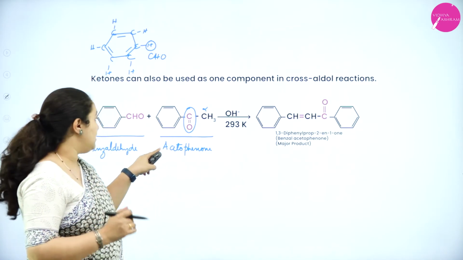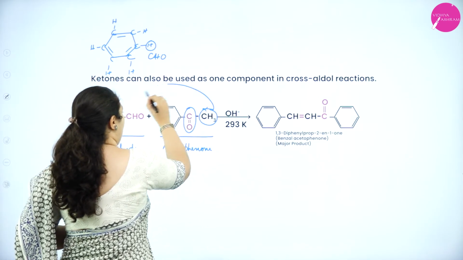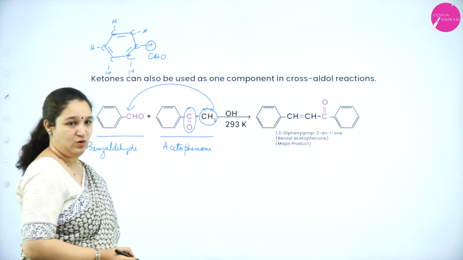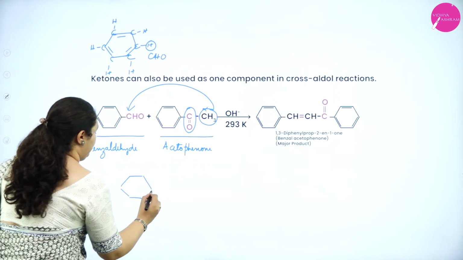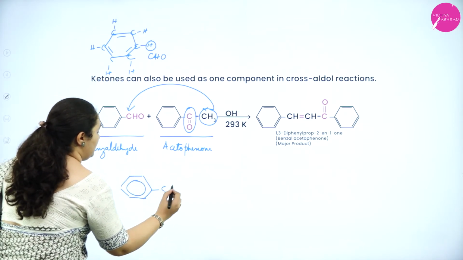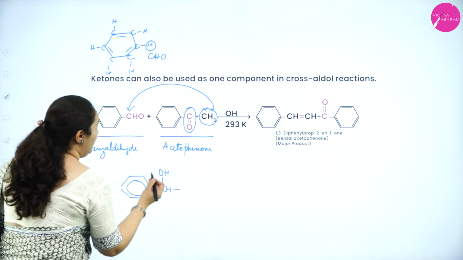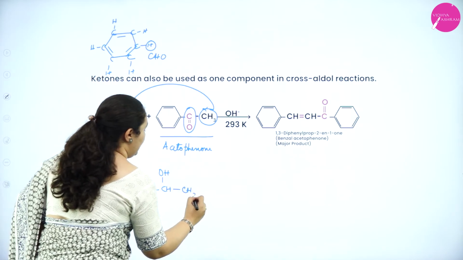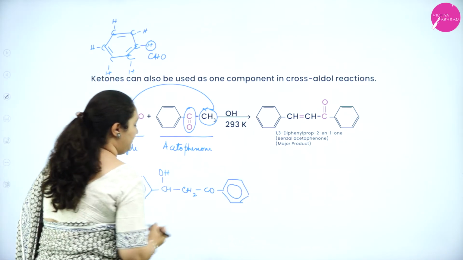So what happens here is this acts on this. Okay. So you will get the product as CHOH, okay, to this CH2CO benzene ring.